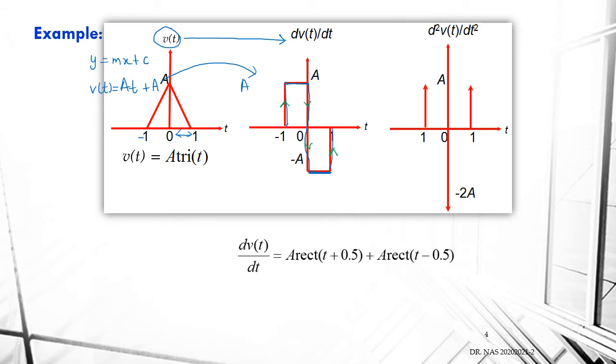Okay, so let's write the equation. The first one: dv(t)/dt is equal to A rect(t + 0.5), and this is negative A, so negative A rect(t - 0.5). So how do you get this equation? Go back to the basic rectangular signal.